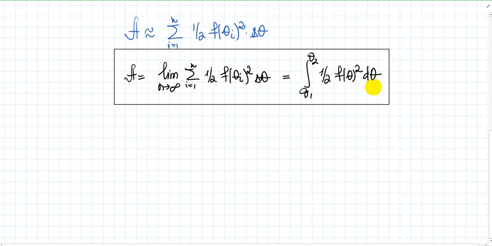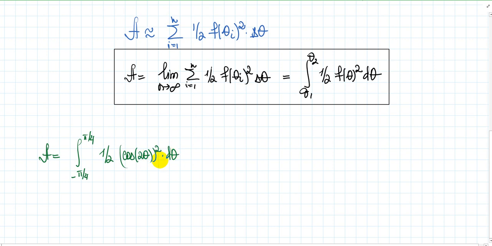Right? So the area here is going to be the integral from minus pi over 4 until pi over 4, 1 over 2 multiplied by, what was the f of theta? Cosine of 2 theta squared, multiplied by d theta. Okay?